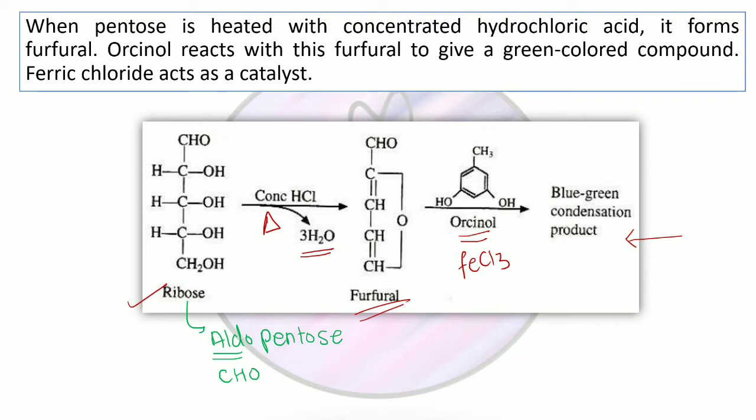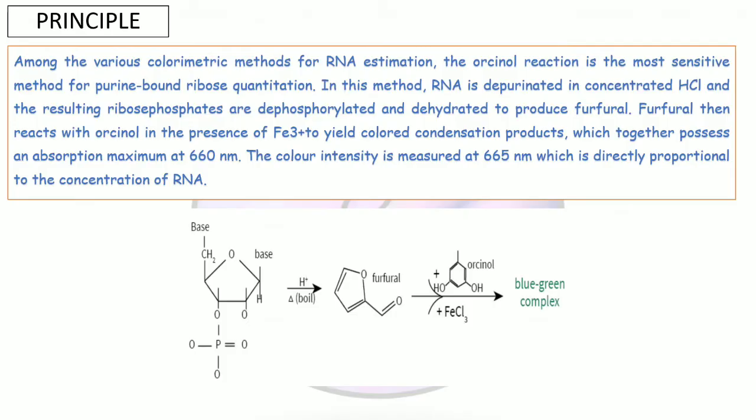Because we know that RNA, that is ribonucleic acid, consists of the sugar in the form of ribose. Ribose is the sugar which is present in the RNA structure. So on the basis of this, you can quantify the amount of ribose sugar which is present in your sample containing RNA.